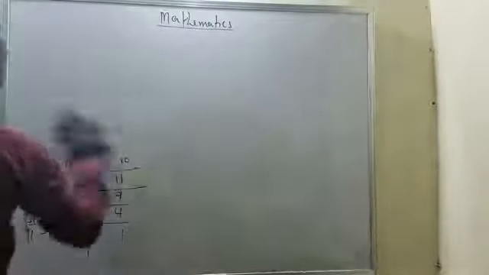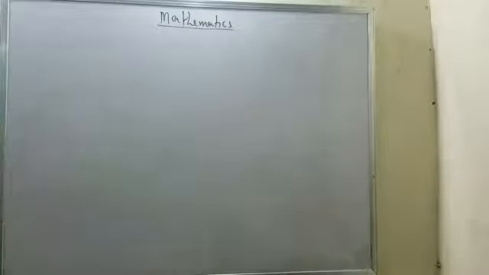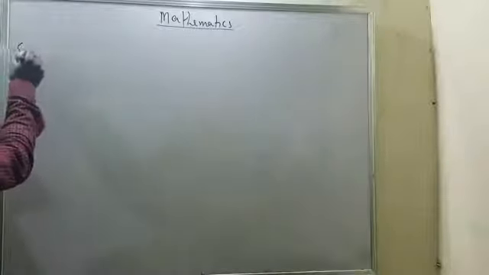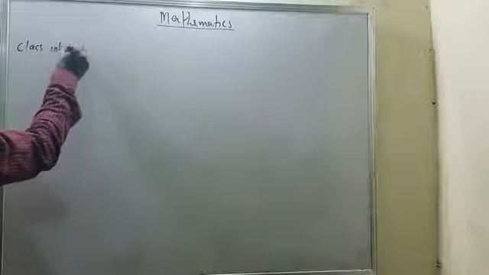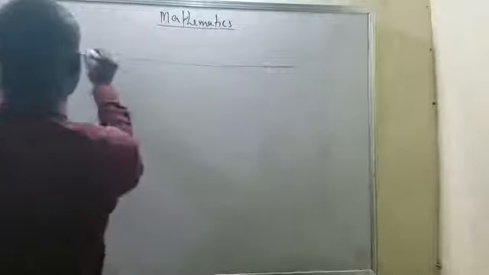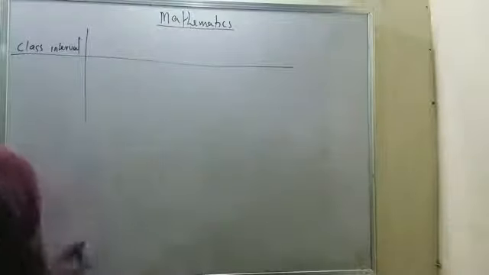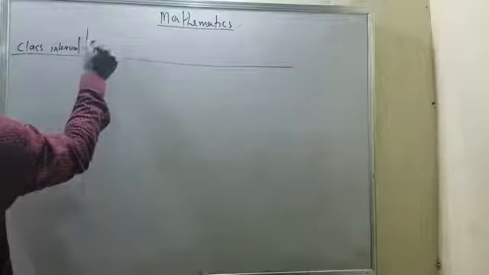Now, it's time to approach the question. Oh, I don't need to rub the table. Now, let me recap the table. The table says that we have a class interval, and we have frequency.